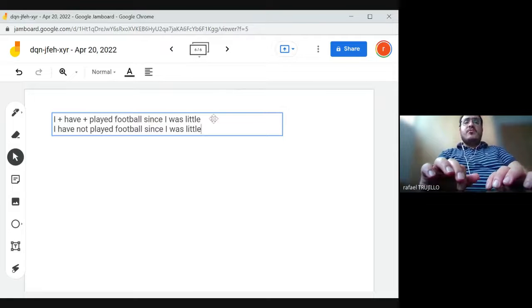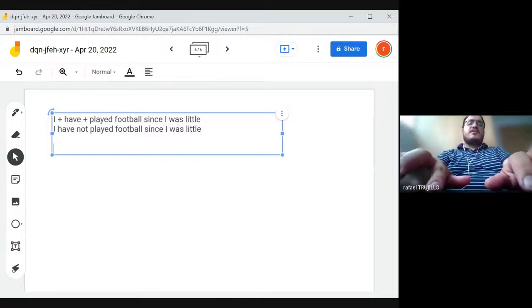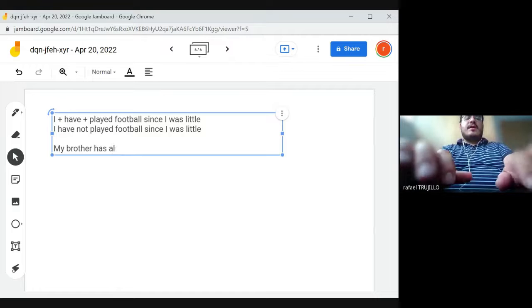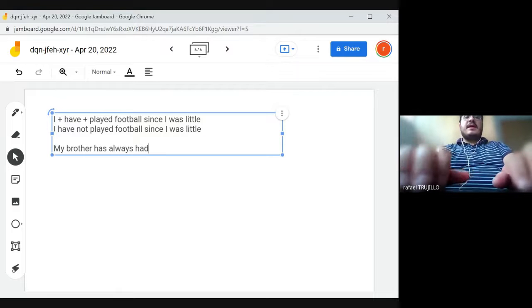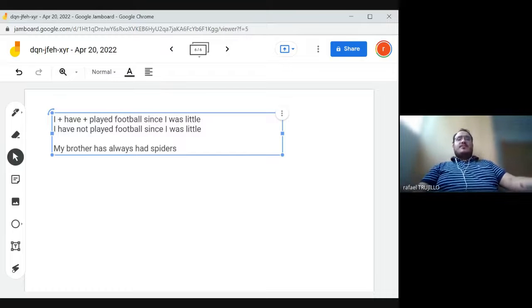And now let me review. Let me remind you of one of the sentences I used before that is present perfect. My brother has always had spiders. Mi hermano siempre ha tenido arañas. What does that mean? That he has kept the spiders up to today.